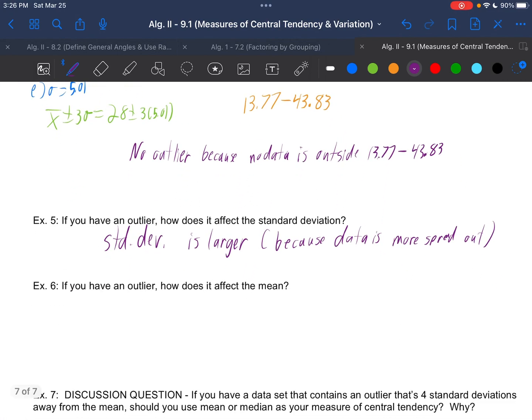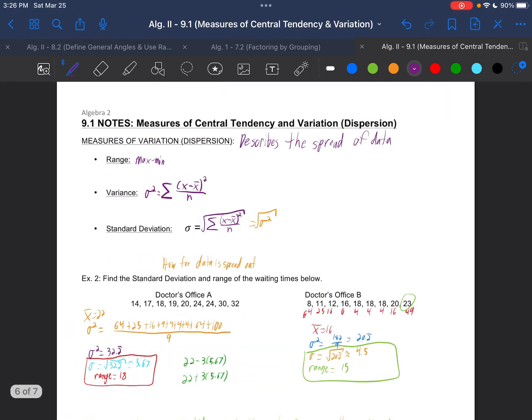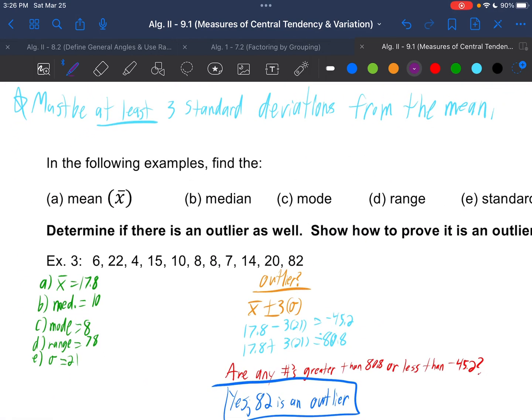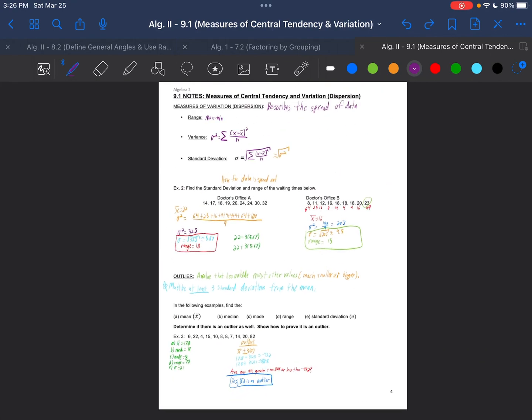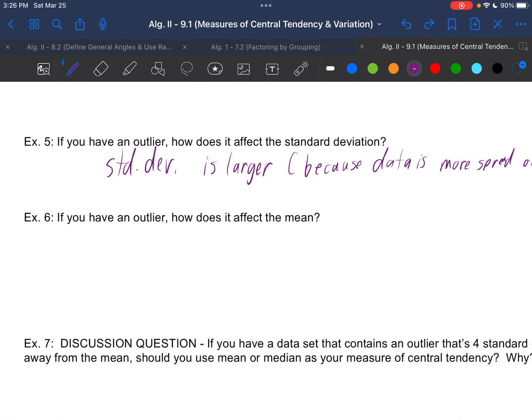So if you have an outlier, how does it affect the mean? Well, let's think. Back here, did 82 make the mean bigger or smaller? It definitely made it much bigger, because if you add 82 and then divide, that's going to be much bigger than all of these numbers. So if you have an outlier, the mean increases for a large outlier.